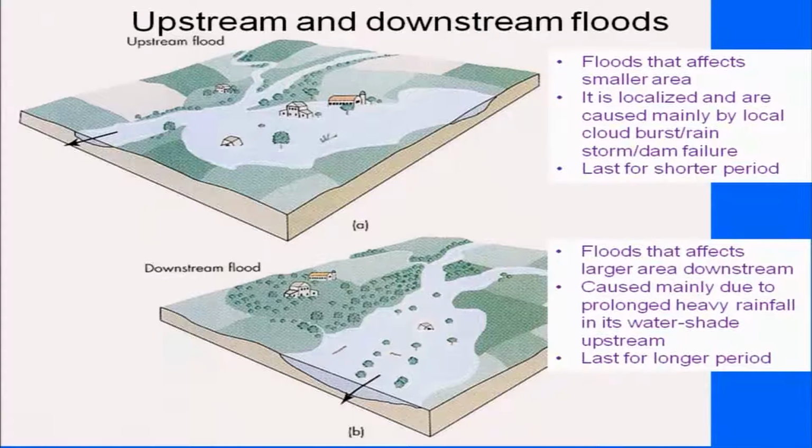This is the main difference between upland floods and downstream floods. Please keep in mind that the channel patterns will be different in the upstream and downstream areas, and because of the slope, the carrying capacity or bed load will vary, the channel pattern will vary, and the flooding state also will vary from place to place.